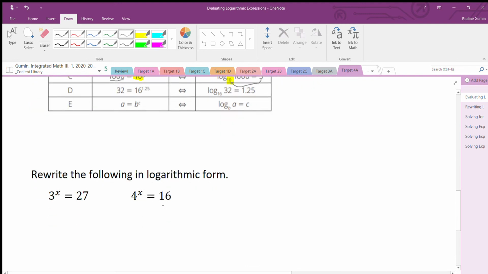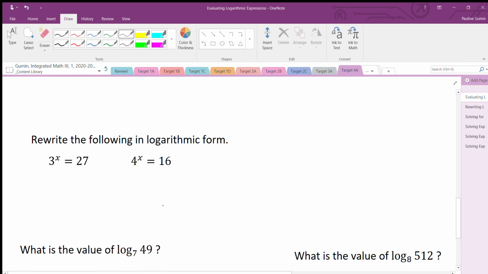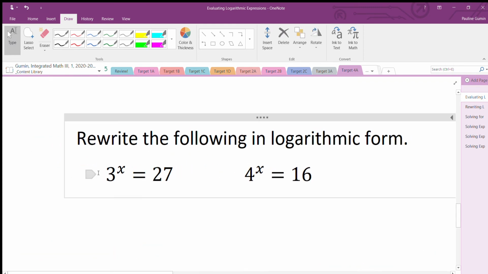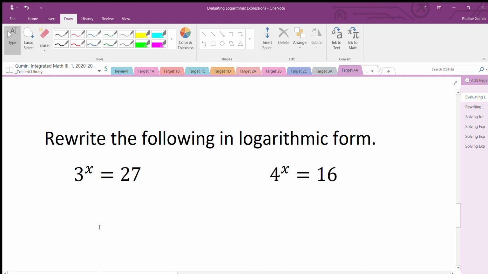All right, let's do that. Let's rewrite these two in logarithmic form, okay? Oh, whoops, my bad. I wanted to do some spaces there. There we go. I didn't line that up correctly. Okay, so let's rewrite this as a logarithm. My base remains my base. So, log base 3.